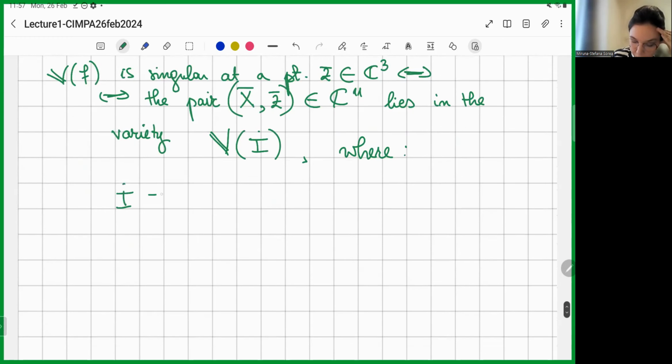Let's see which ideal this is, where I is the following. It is the ideal generated by f. And of course, because we are interested in the singularities of the surface, we want the partial derivatives with respect to all of z1, z2, z3 to vanish.